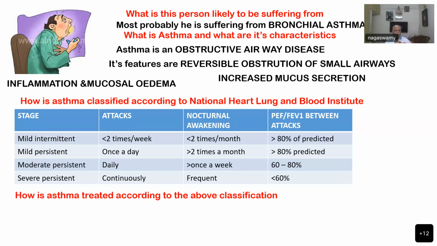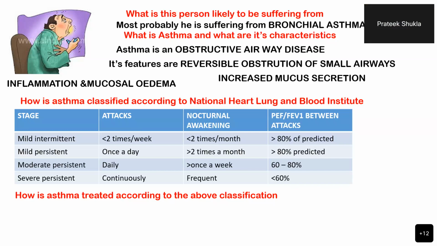Sir, SABA for mild intermittent? First category, first stage. Short-acting beta agonist, inhaled. Okay, inhaled therapy is now recommended. So inhaled short-acting beta agonist for the first stage, mild intermittent. Supposing it is mild persistent. Sir, along with that, inhaled steroids.